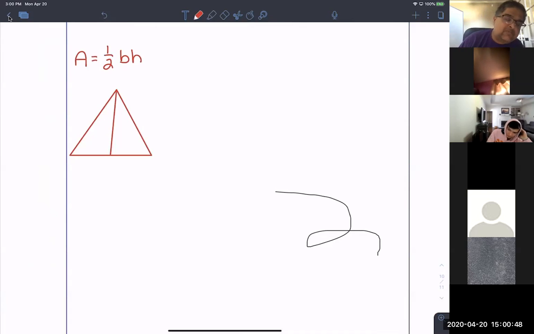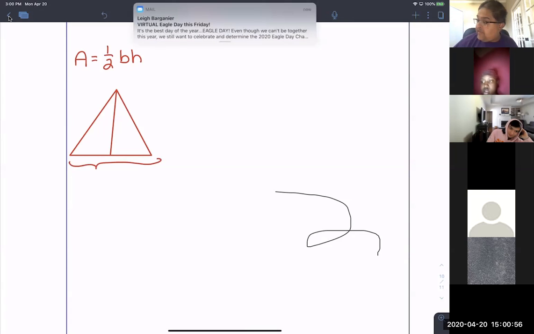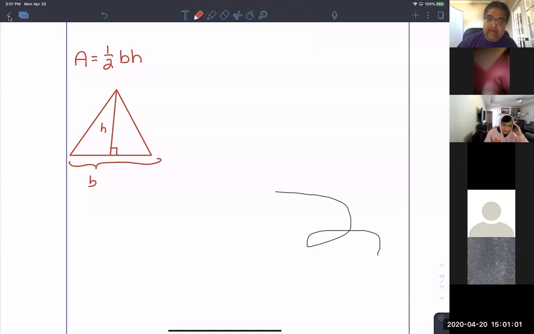So the height is a line that is perpendicular, and the base is the line that it is perpendicular to. So if this was the diagram, this would be the height, this would be the base. So the take-home point, even for parallelograms, is you need to identify the correct height and the correct base. You just cannot willy-nilly pick two sides. The height is always a line perpendicular, and the base is always the line that the height is perpendicular to.